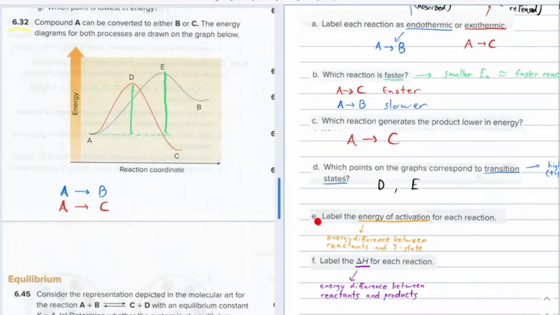Now, for E, label the energy of activation for each reaction. And we've already talked about this. The activation energy, this is the difference in the energy between the reactants and the transition states.